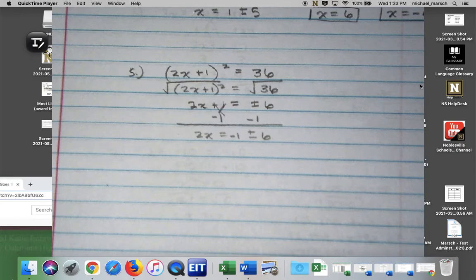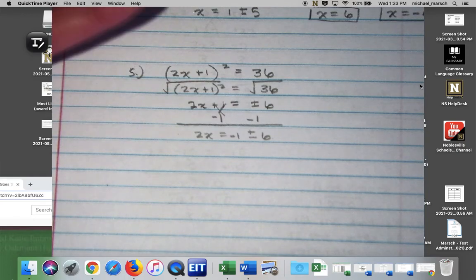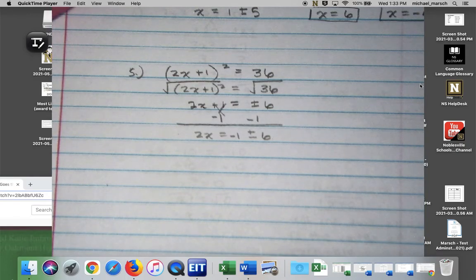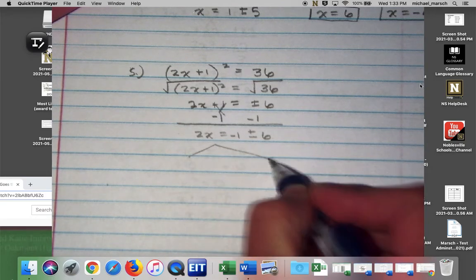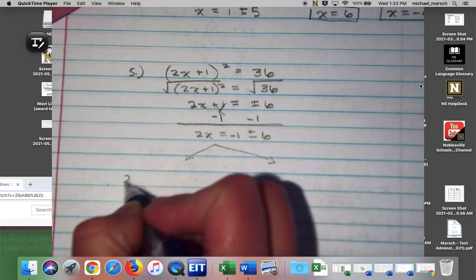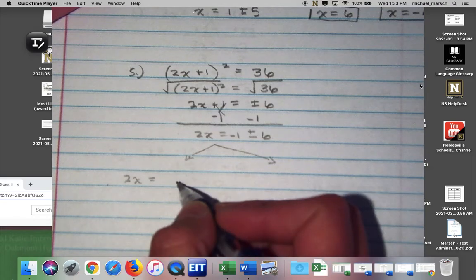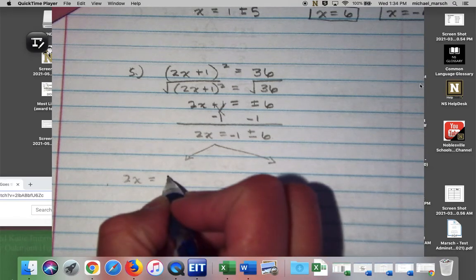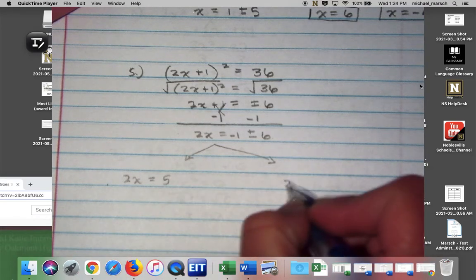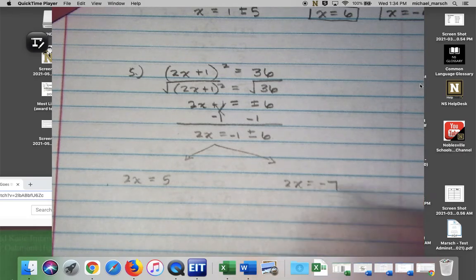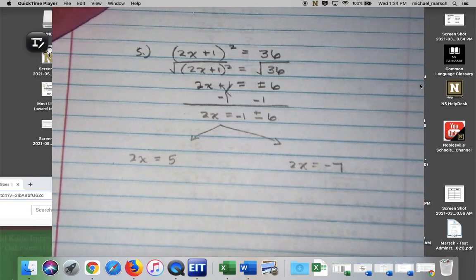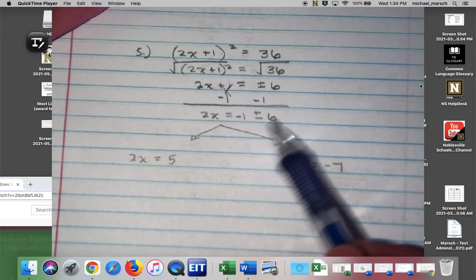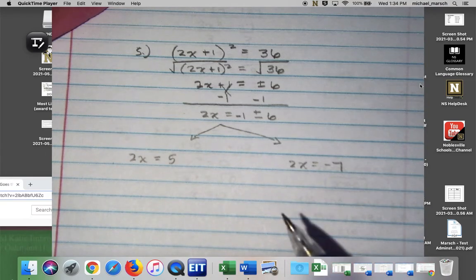So would it be a negative 6 and a positive 6? Right. So then now I'm going to write two equations. 2x equals 5 and 2x equals negative 7. Because I have to do negative 1 plus 6 and negative 1 minus 6.